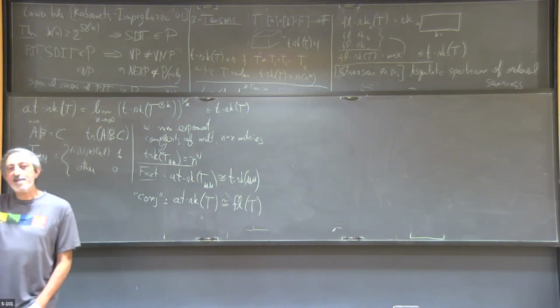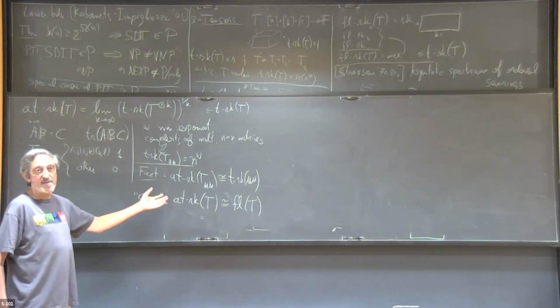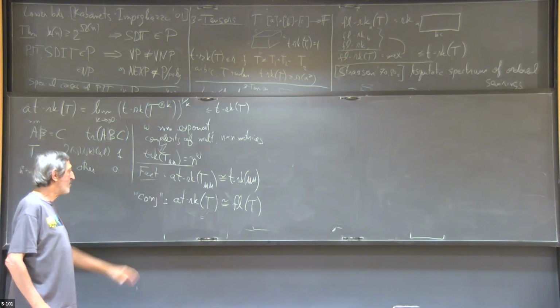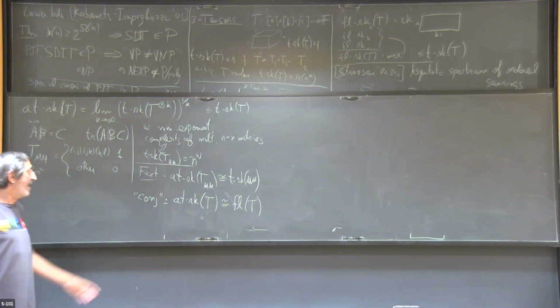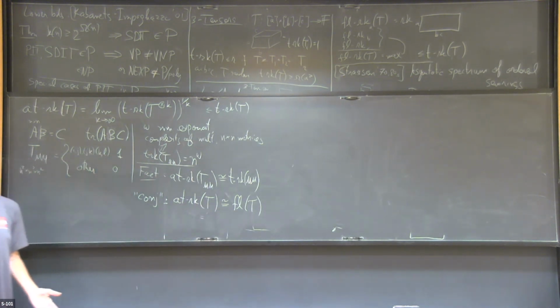But at the end, asymptotically, it all drops down to basically the size. We have no idea whether it's true or whether there are any counterexamples. I encourage you to think about it. This is a stunning possibility. If it's true, then the matrix multiplication exponent is 2 in particular.